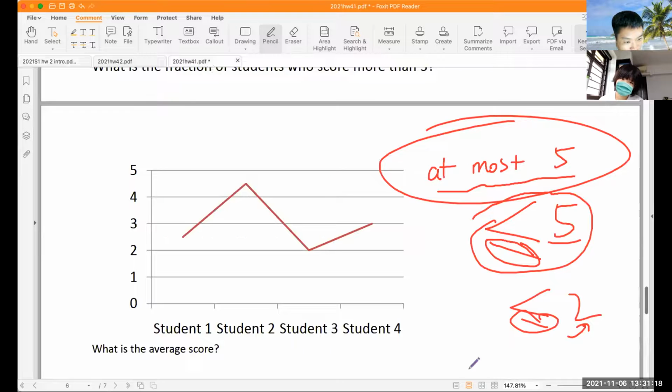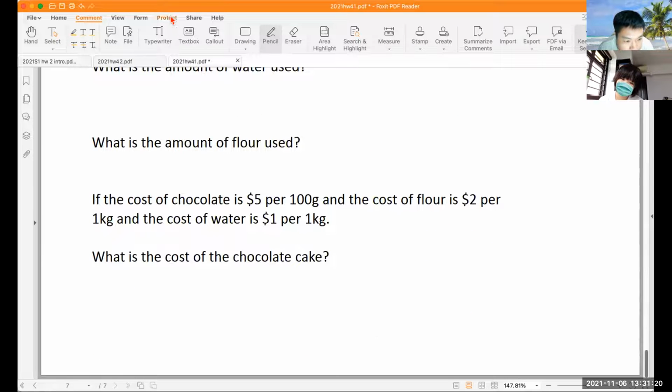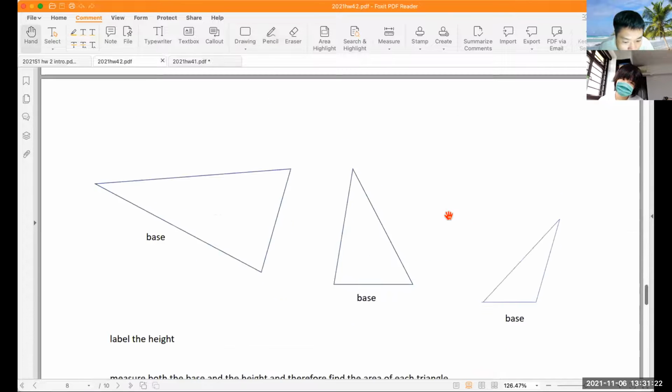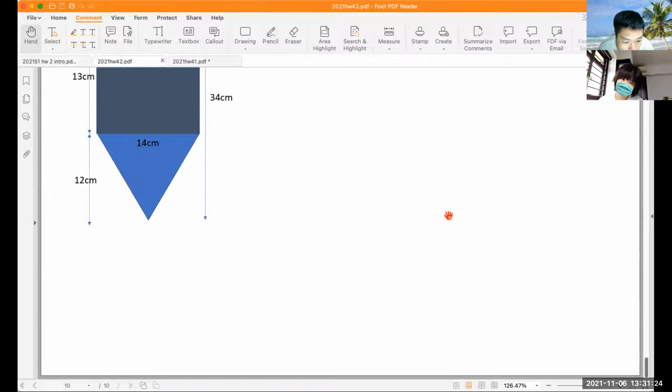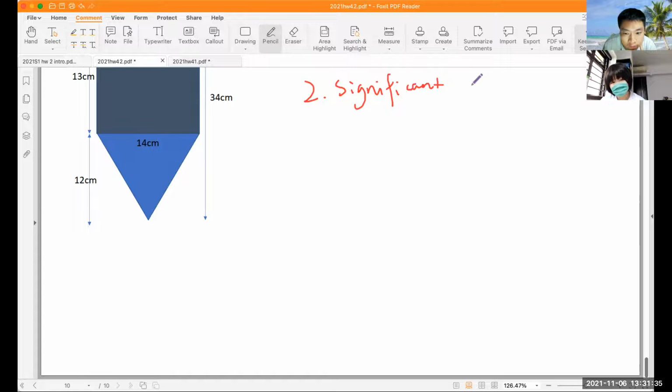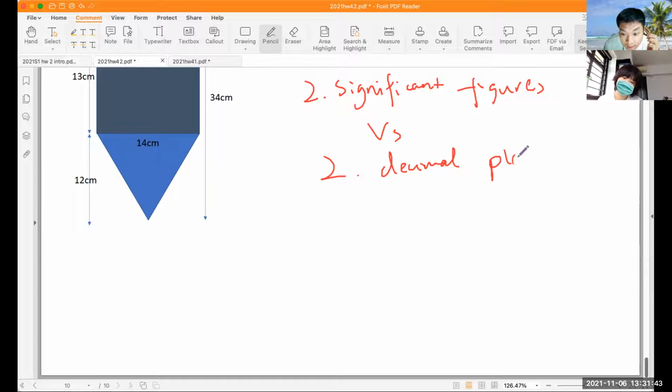Okay, let's go to a blank page. So 2 significant figures versus 2 decimal places.